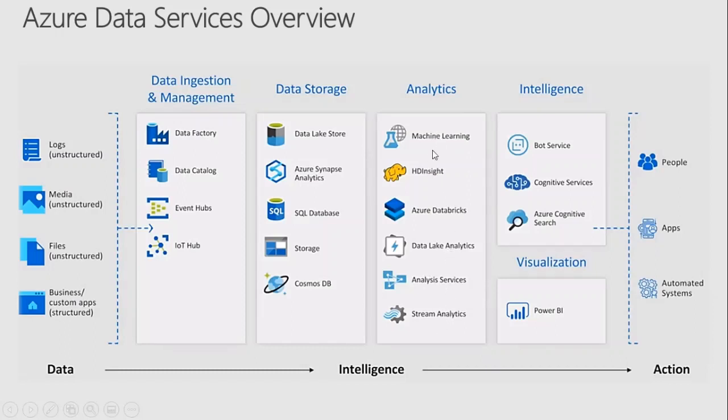Once we have the analytics, we take the desired output, let's say as a Power BI service or an intelligence service, and then it is pushed to applications, automated systems, or end users. This is the complete flow of the data from our applications to the end users.